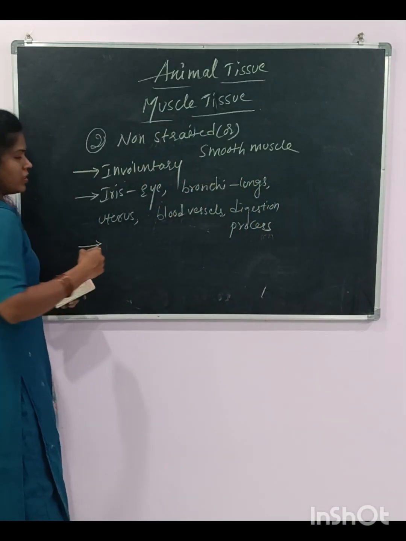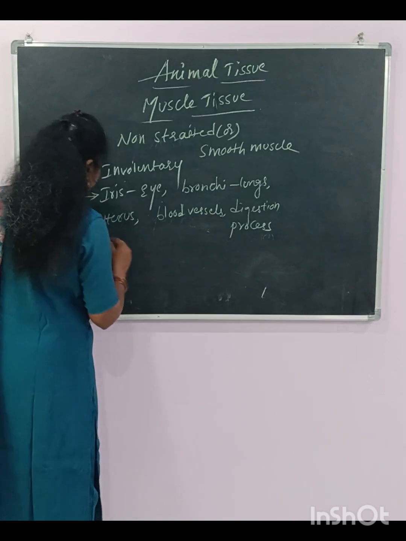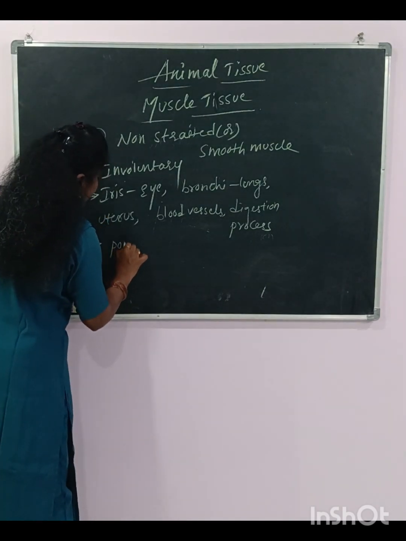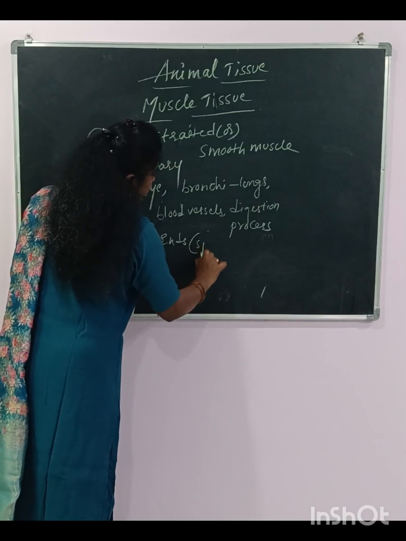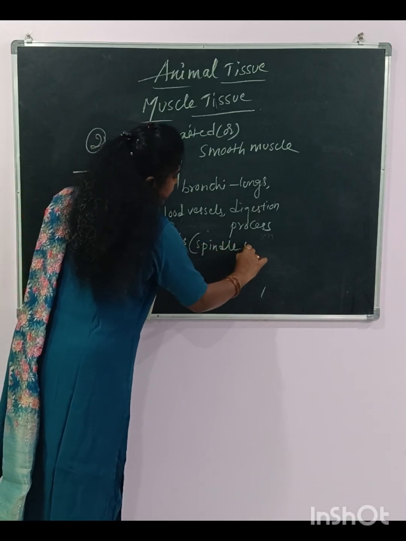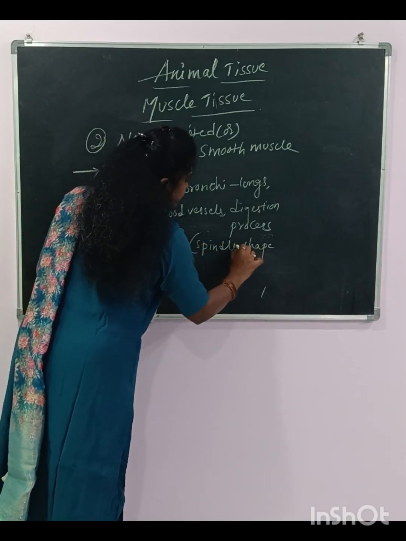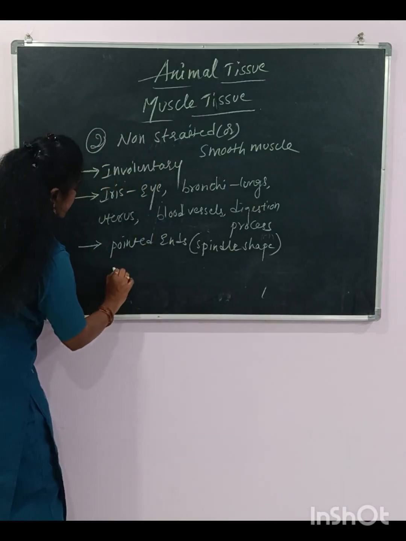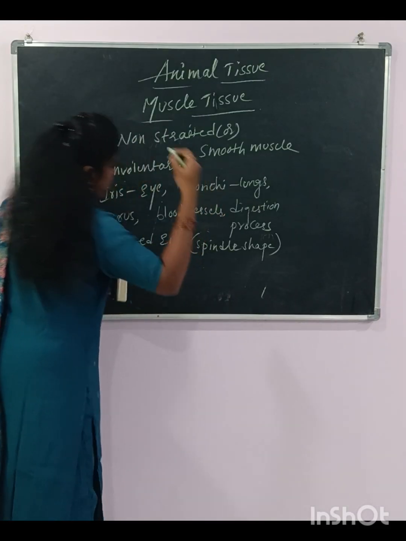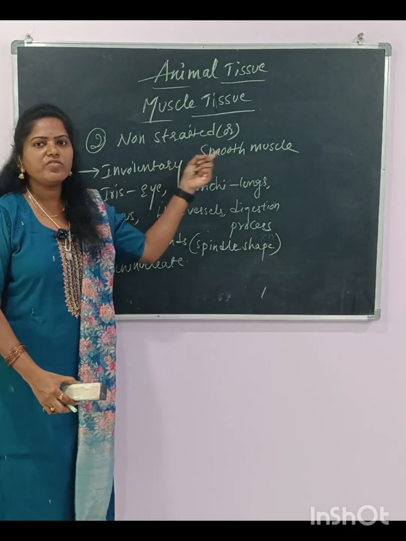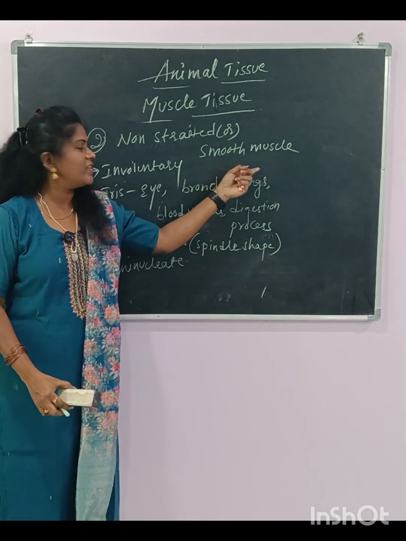And these muscles look like this in appearance and shape: pointed ends, that means spindle shape, uninucleate. So non-striated muscles are also called smooth muscles.